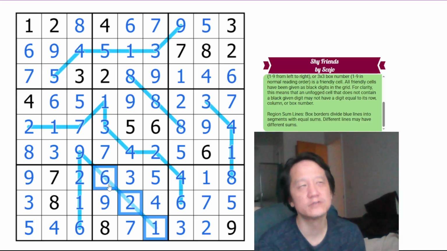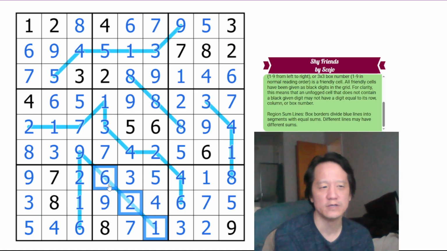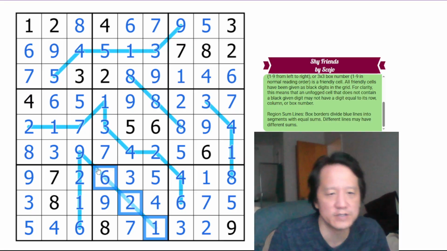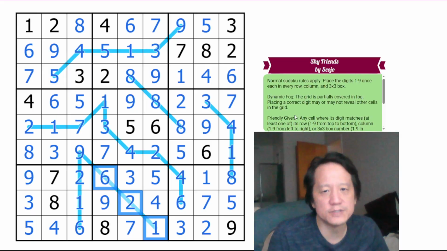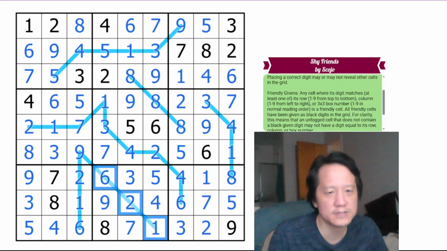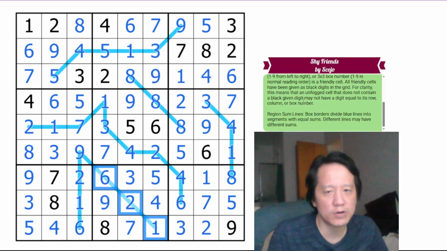Friendly cells are a rule set that you sometimes see. And obviously you'll see a lot of region sum lines because that's pretty popular. So I would say region sum lines is the rule set you'll probably see the most in this set, followed by friendly cells and then givens with fog of war.